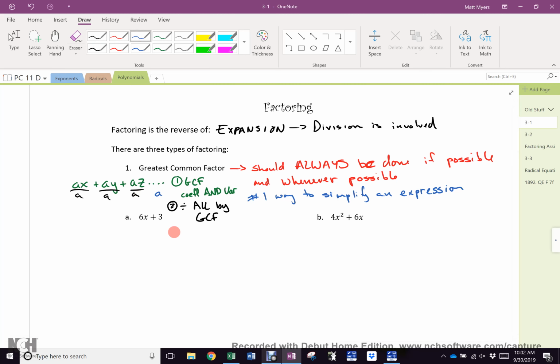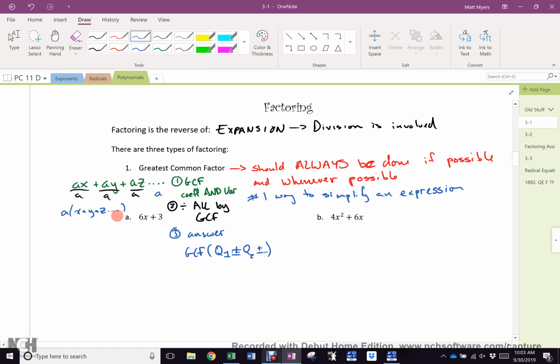And step 3, I write the answer. The answer looks like this: GCF bracket, then quotient 1 plus or minus quotient 2 plus or minus till I'm done. So the answer here would be A, X plus Y plus Z until I'm done.